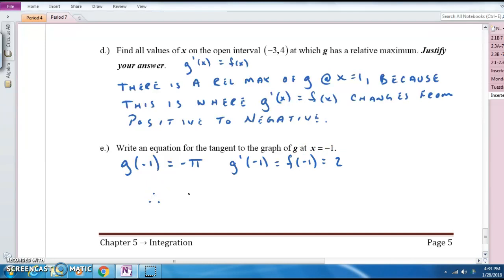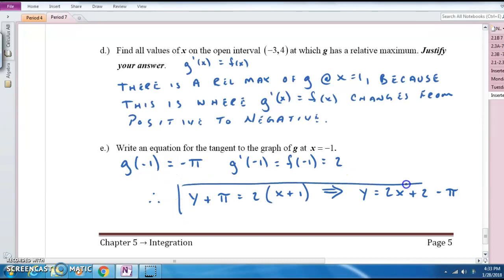Therefore, y plus pi is equal to 2 times x plus 1. And if we write that, y equals 2x plus 2 minus pi, so we can move it to the front.